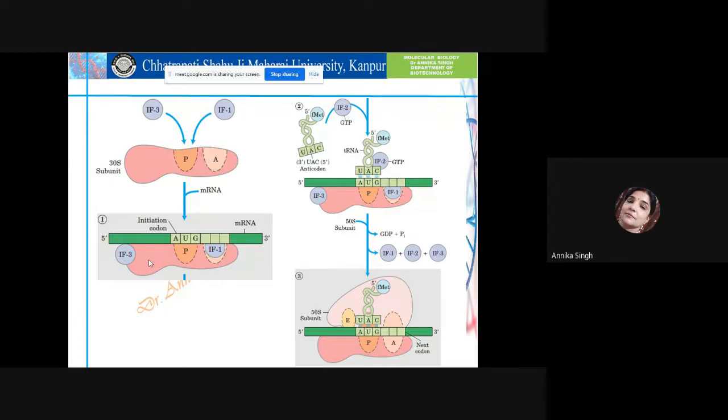IF3 is responsible for inhibiting immature complex formation, that is the binding of the 50S and 30S ribosome subunits together before the binding of the messenger RNA and recognition by transfer RNA. So premature binding of the 50S subunit to the 30S subunit is prevented by the presence of initiation factor 3.